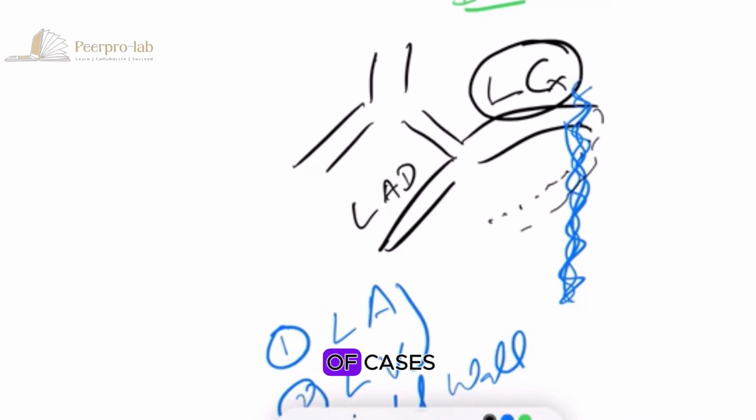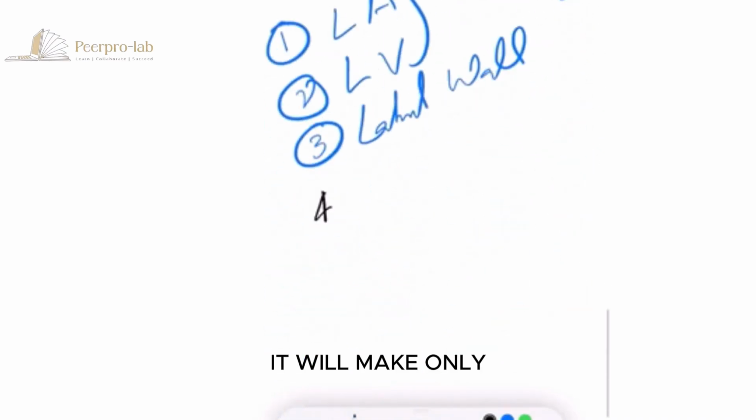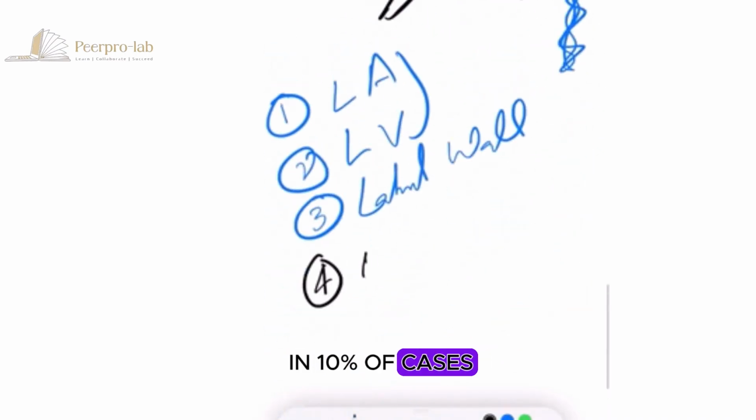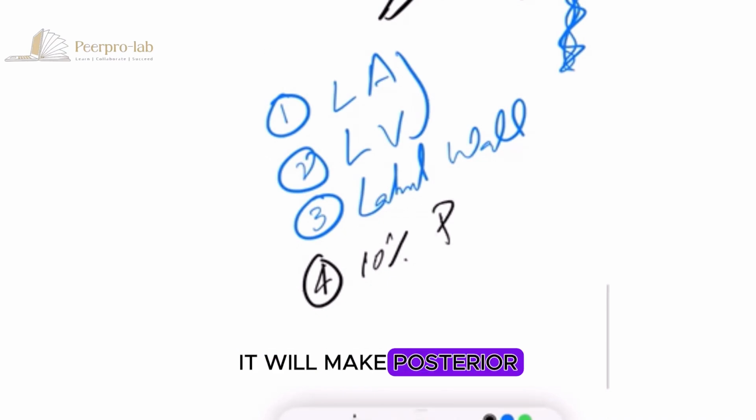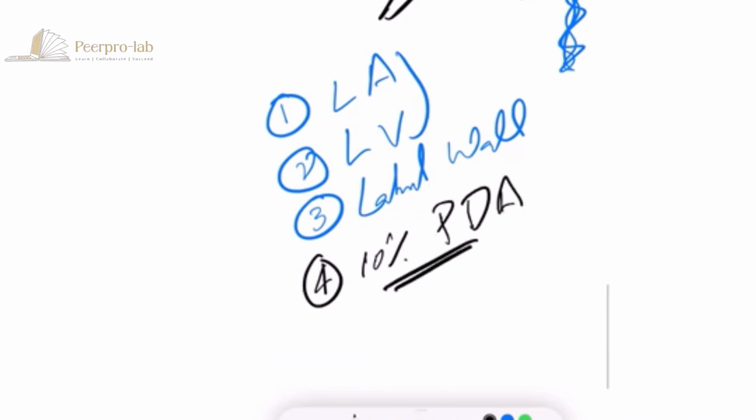Okay, and then it continues posteriorly, and only in 10% of cases it will make the posterior descending artery.